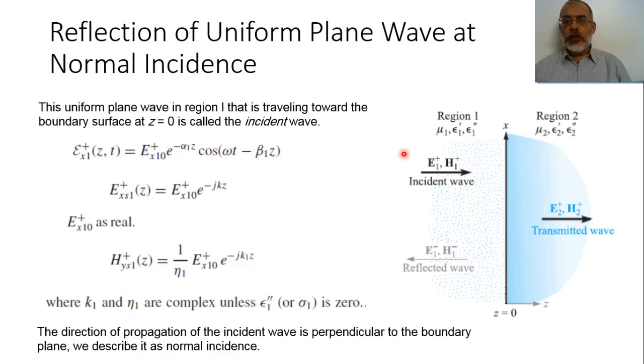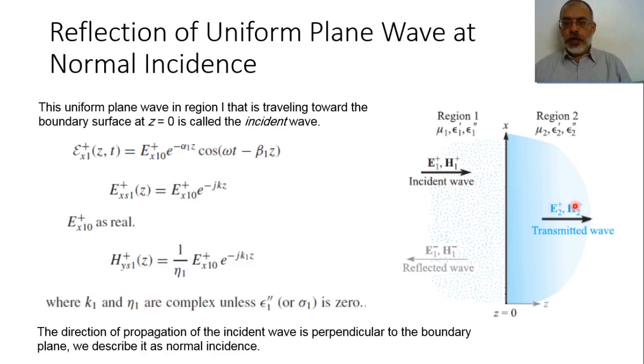And because the magnetic field is related to the electric field by the intrinsic impedance, H1 plus as a magnitude would equal E1 plus over eta 1, where eta 1 is the intrinsic impedance of region 1.